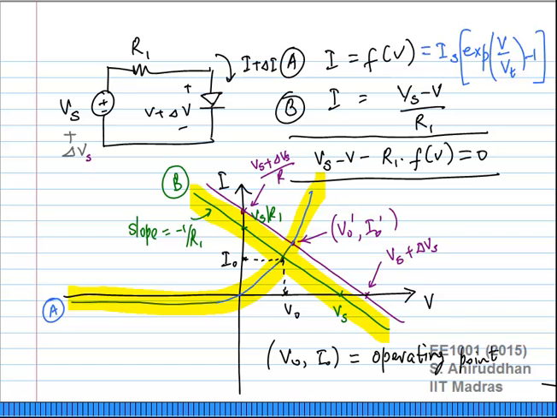The straight line represents the KVL equation around the loop, and the intersection point will give you the solution, because the two equations describing this are the elemental relationship and the KVL equation. Is that clear? Any questions?